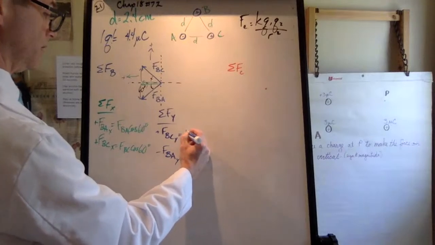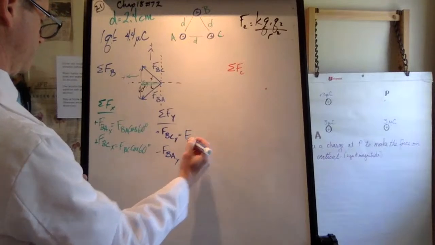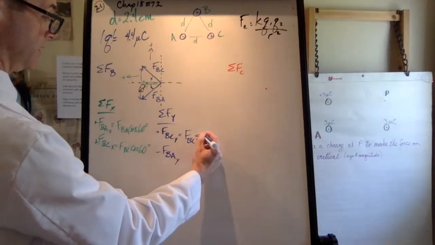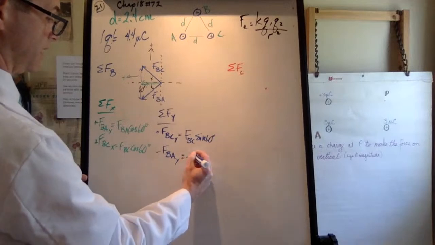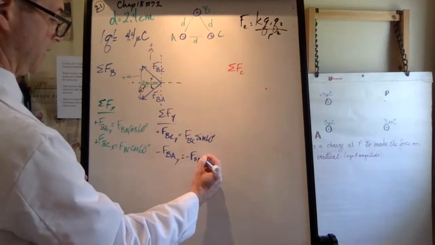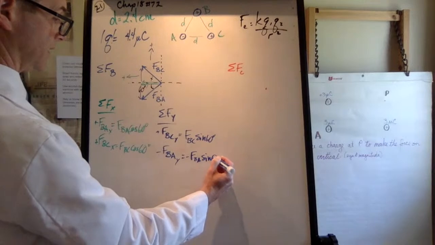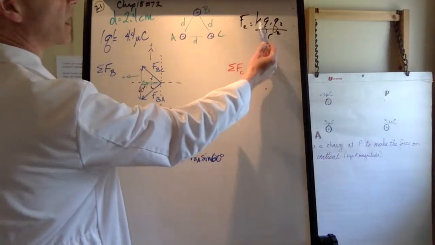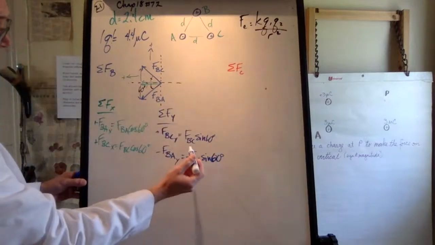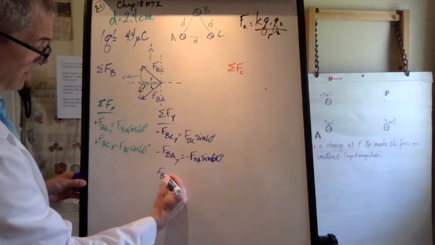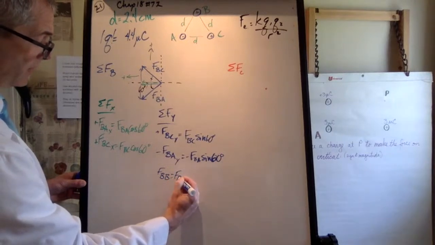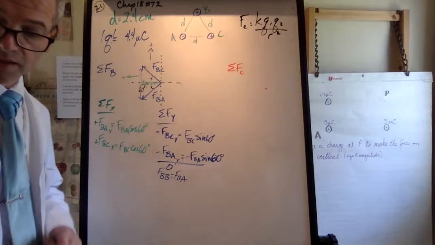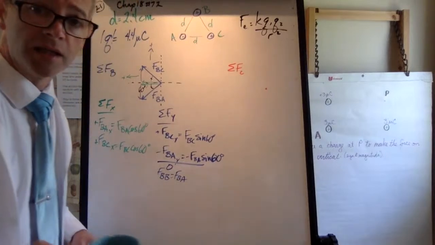So FBC sine 60 minus FBA sine 60. However, the forces are kQ1Q2 all over r squared. FBC equals FBA. The sum of these adds up to 0. So that's, thank you, Atisha, for that.